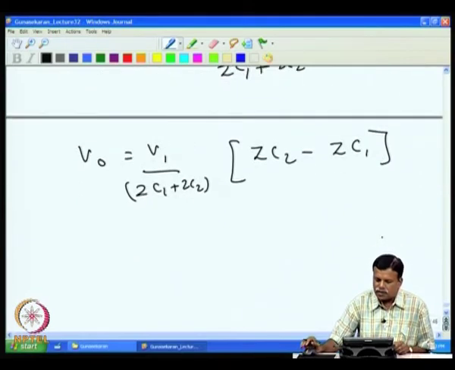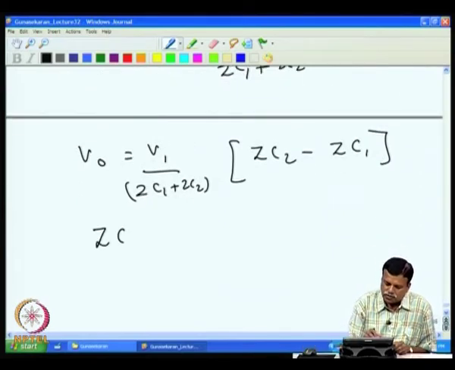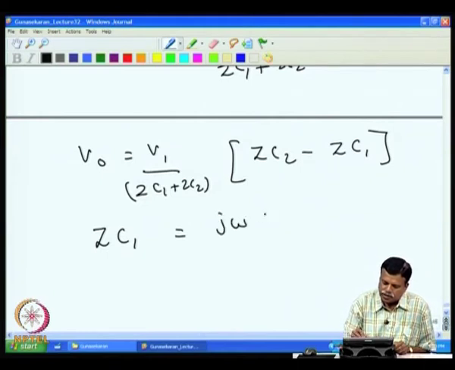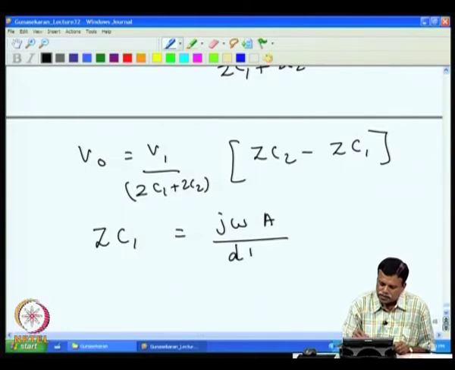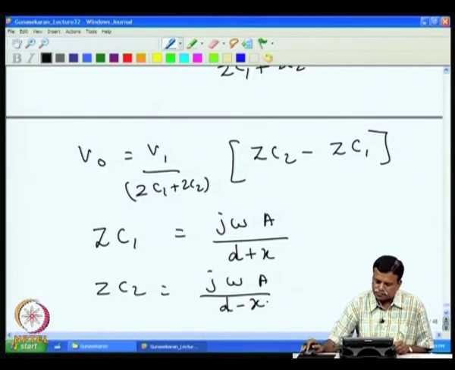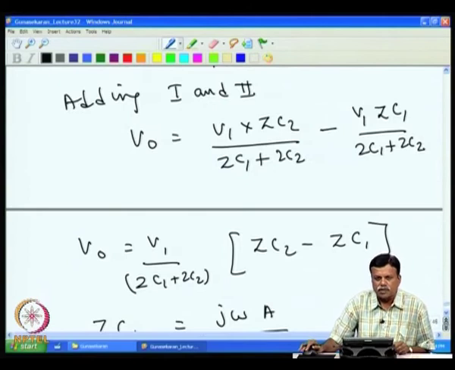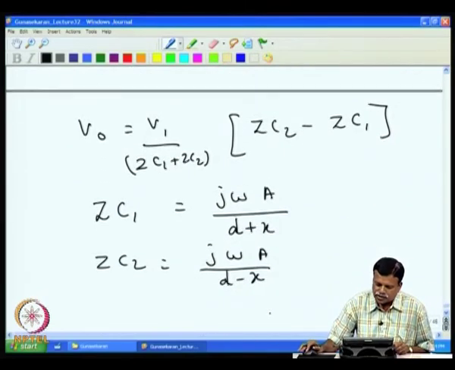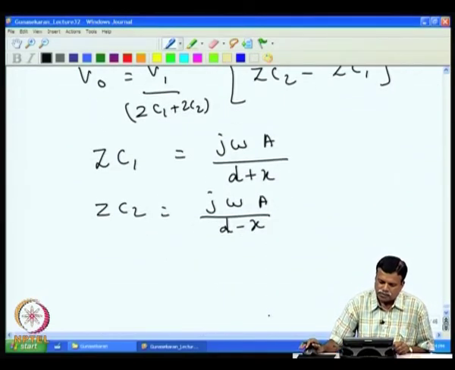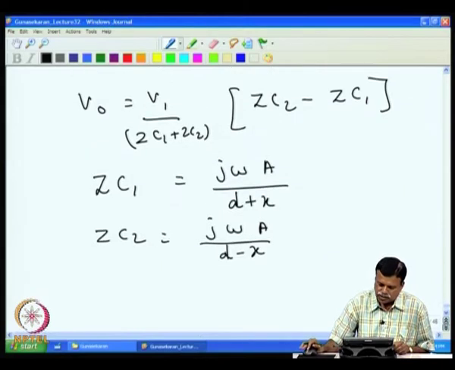Now, if we write ZC1 as j omega A by d plus x, and ZC2 can be written as j omega A by d minus x. And of course, mu naught, epsilon naught, epsilon r are also there. One need not worry about that, because we will show that it gets cancelled.